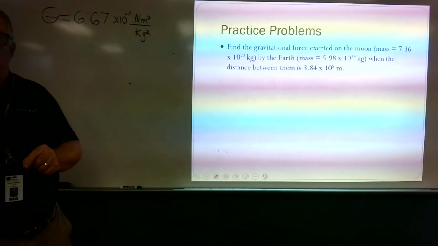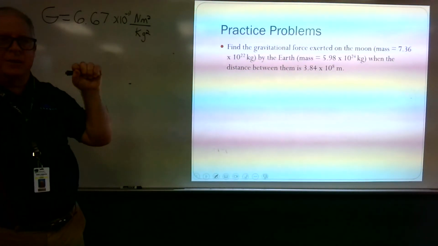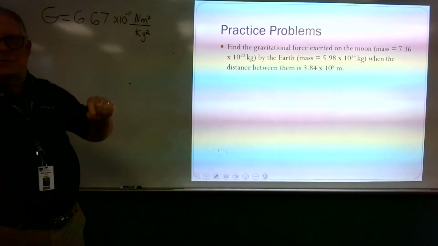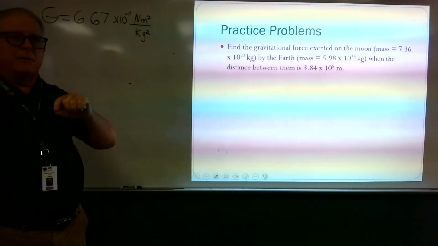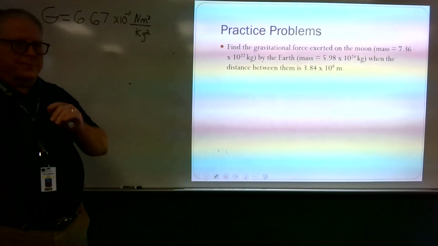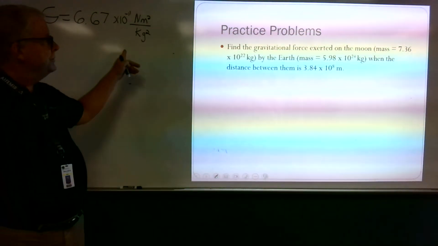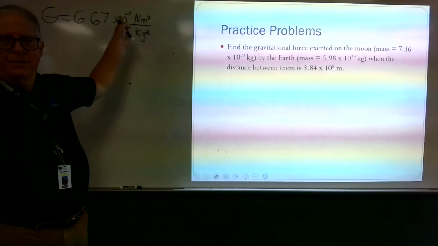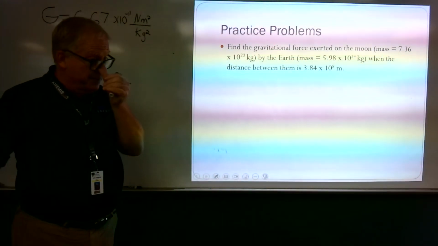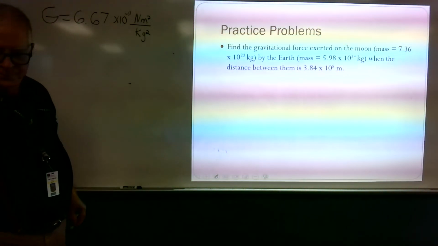Now if you know the mass of the Earth, then you can get this constant, because you can get the gravitational field strength, as we call it, 9.8 newtons per kilogram. Using that number, you can find out what the mass of the Earth would be if you know G. Or on the other hand, if you know the mass of the Earth, then you can find G. We'll talk about that in just a minute. Let's go ahead and do this one calculation and then we'll maybe come back to that.